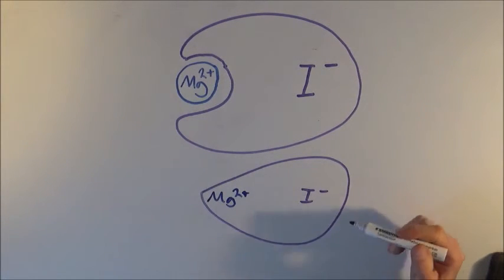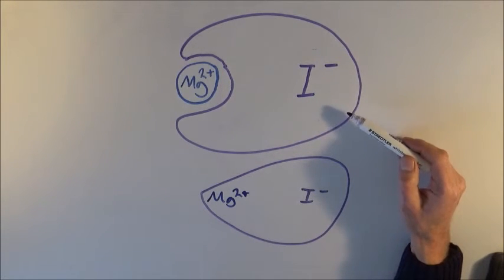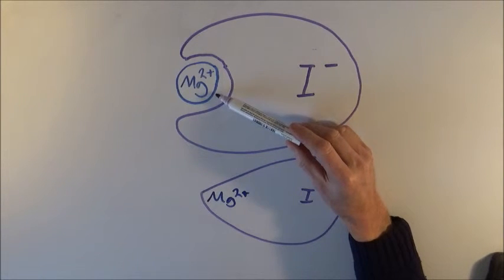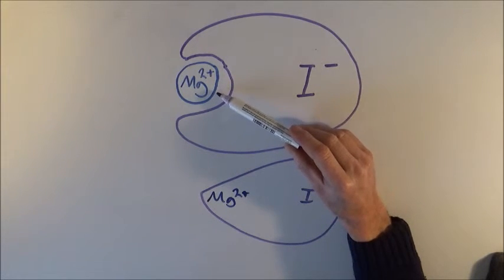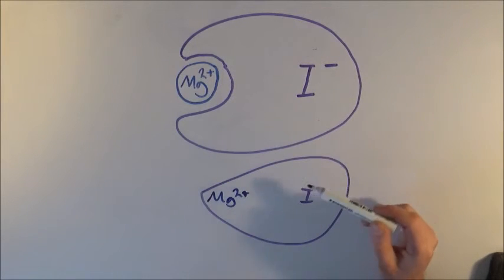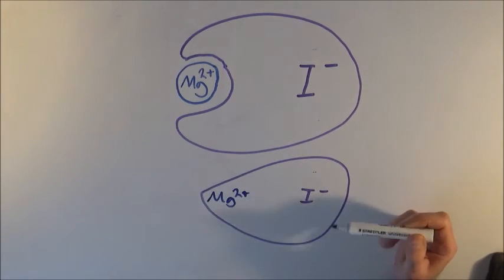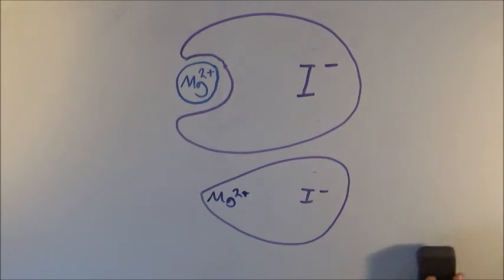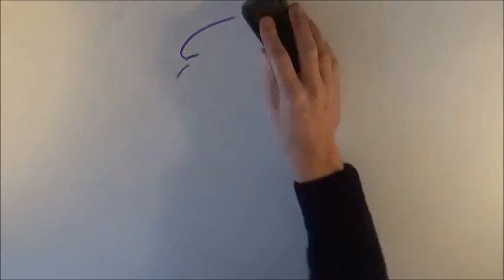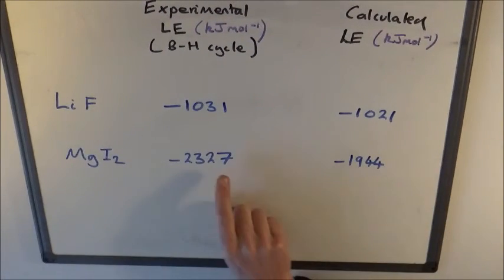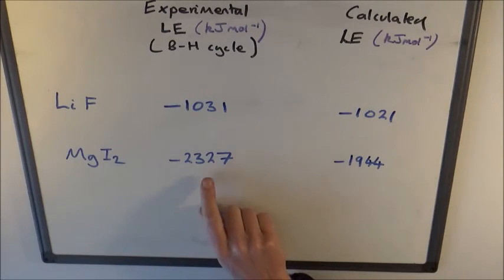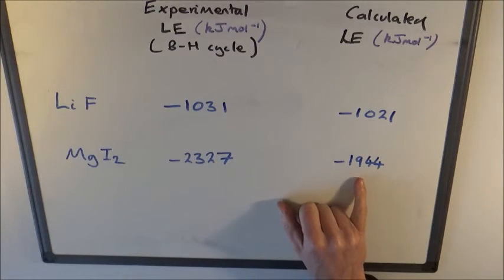But the point is that when you get a large negative ion next to a highly charged small ion that's positive, you will get this distortion and you'll get a contribution of covalent bonding. So the bonding in magnesium iodide is primarily ionic, but there is a component that is covalent, which is why the lattice enthalpy in practice is more negative than that calculated based purely on ionic bonding.